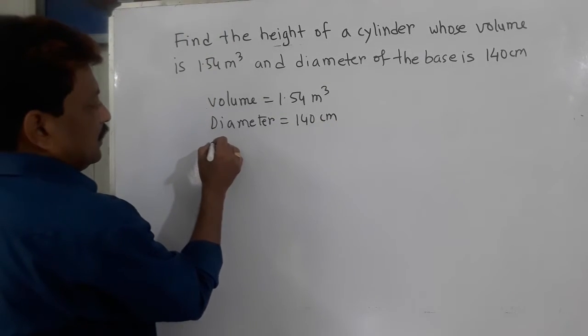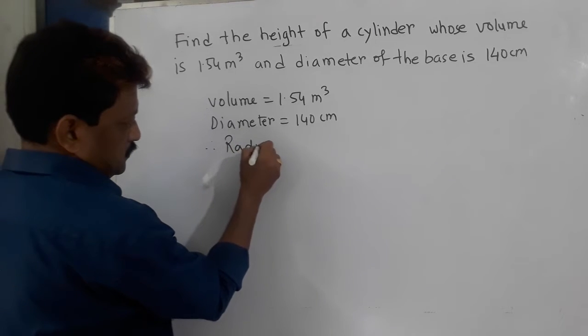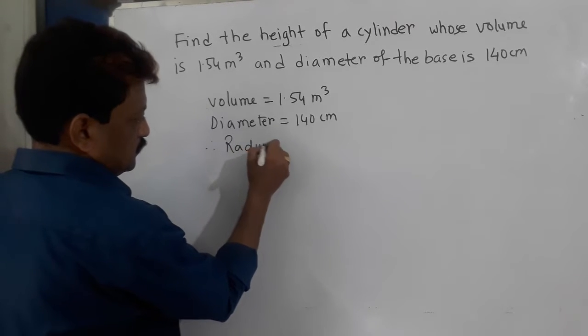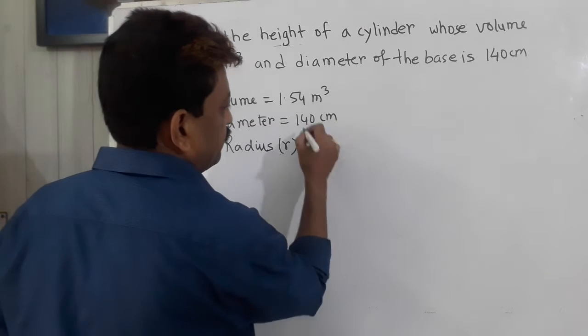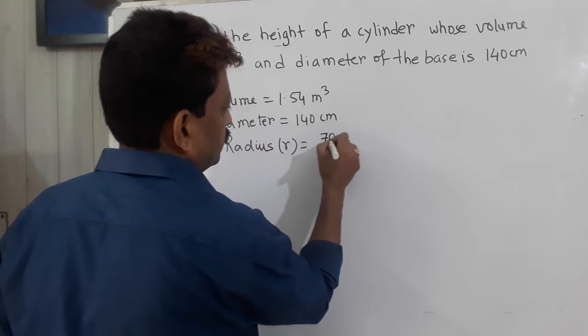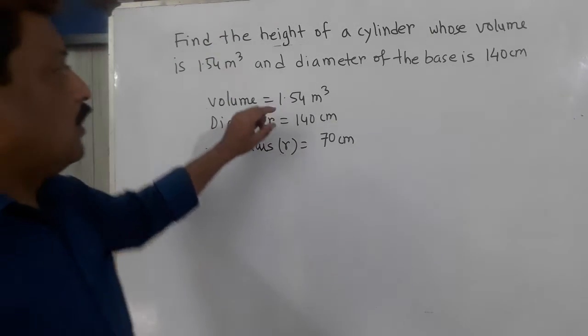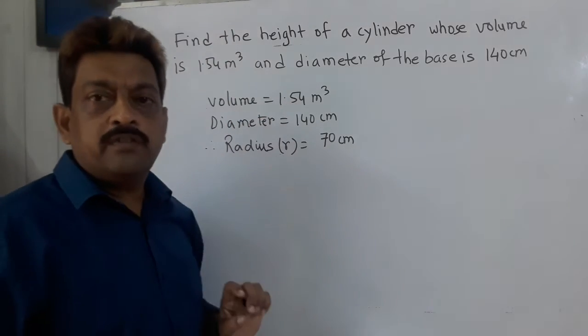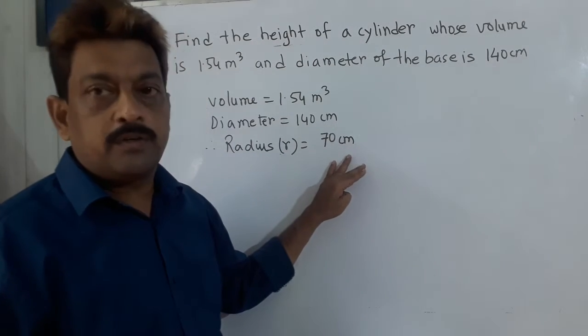Therefore, the radius r is equal to 140 upon 2, half of 140, that is 70 centimeter. Now see here, the volume is given in terms of meter cube and the radius is given in terms of centimeter.